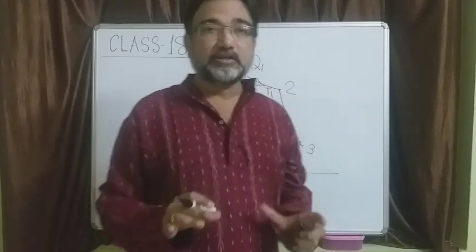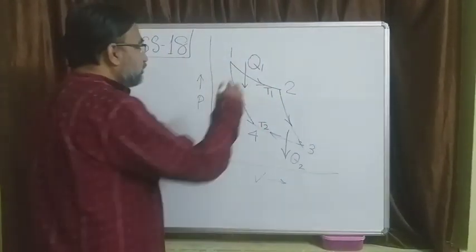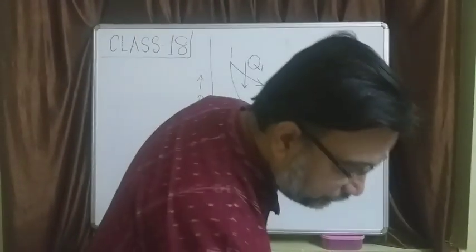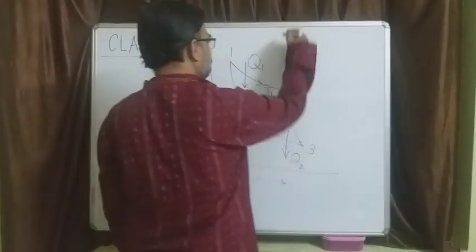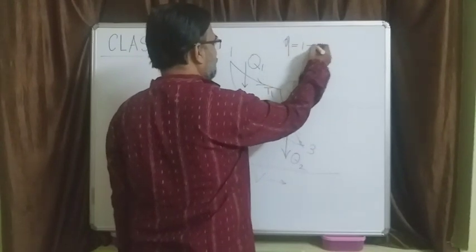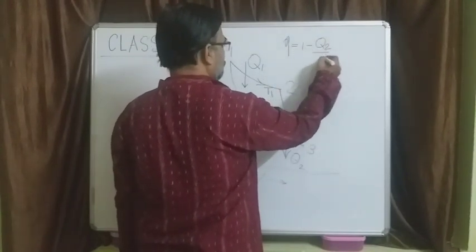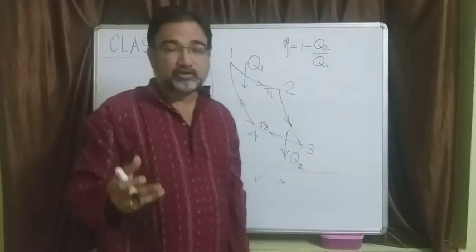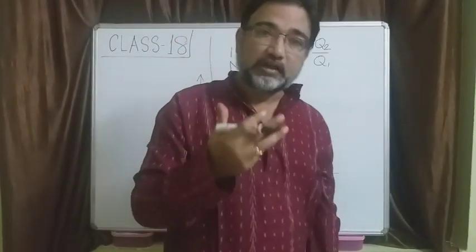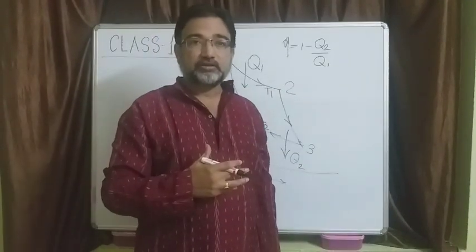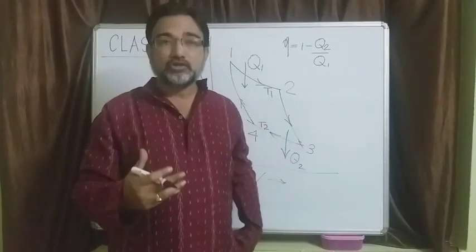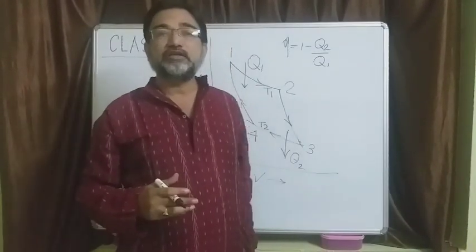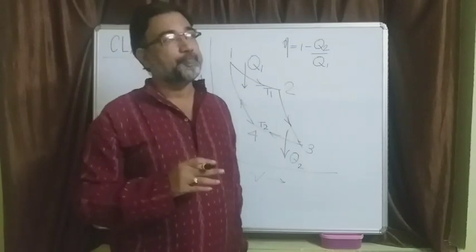The efficiency of this Carnot cycle is like any other cycle. This is also equal to 1 minus Q2 by Q1, where Q2 is the heat rejected to the sink by the engine and Q1 is the heat extracted by the engine from the source. So this is the common expression for efficiency of any engine, so to say.